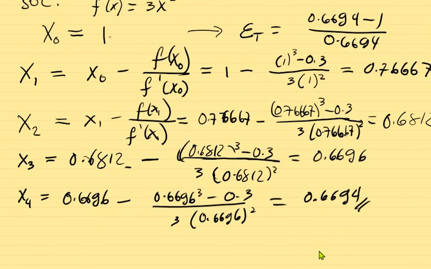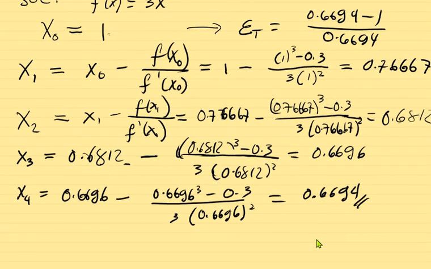So we can see that Newton-Raphson really is a very quick calculation. It needed fewer iterations, and the calculation is very simple. The only drawback of this method is finding the derivative of the function.